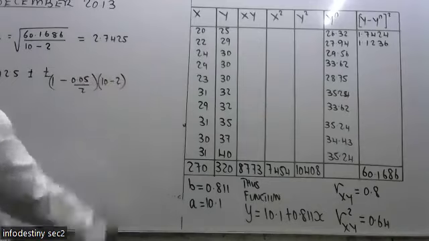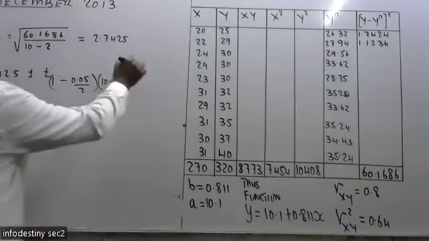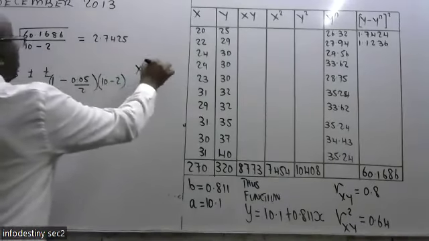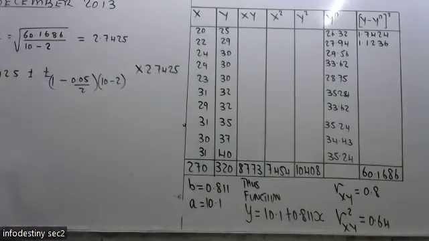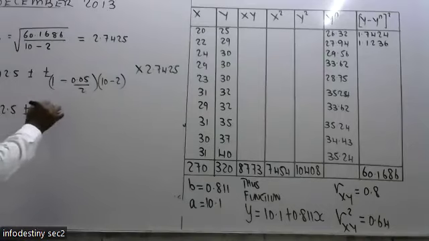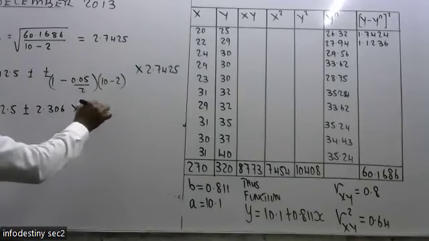Tulikuwa tumeandika 2 ama 1. Either can do. You can either use 2 or 1. So multiply by 2.7425. So this becomes 42.5 plus or minus 2.3060 times 2.7425.